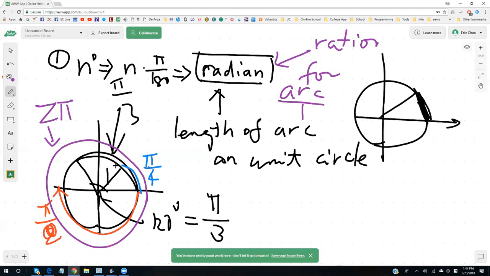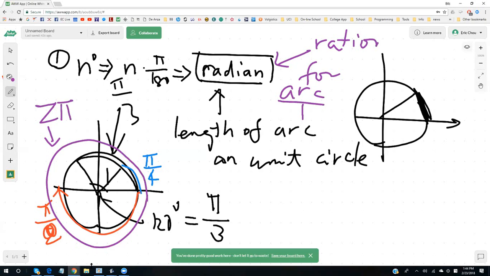It's called the radian. So this arc, the length is 1/4 pi over 1. That's the ratio of this arc over here. So if I have a full circle, the arc is actually 2 pi over 1. So the ratio is 2 pi over 1. Is that okay?